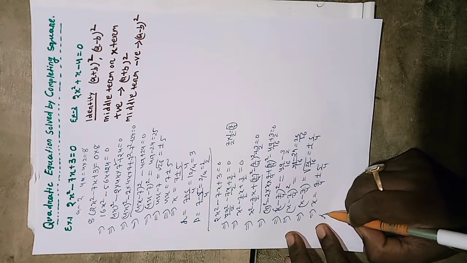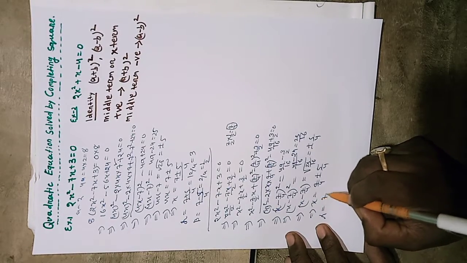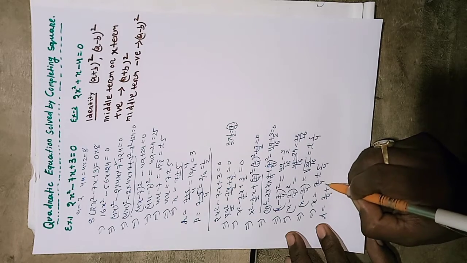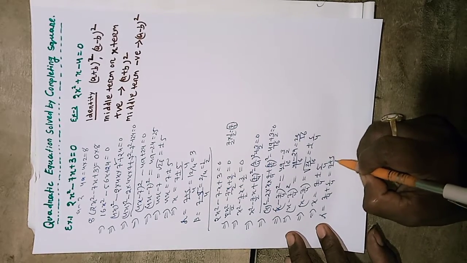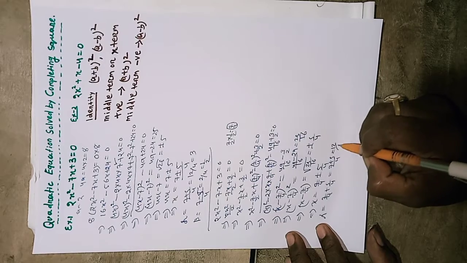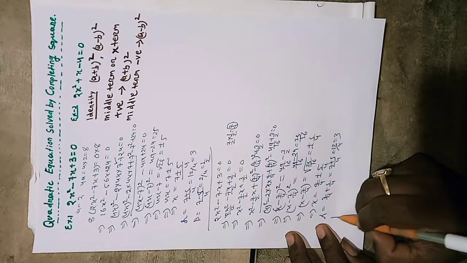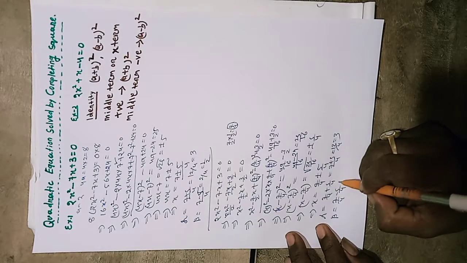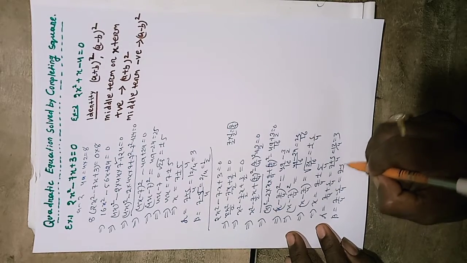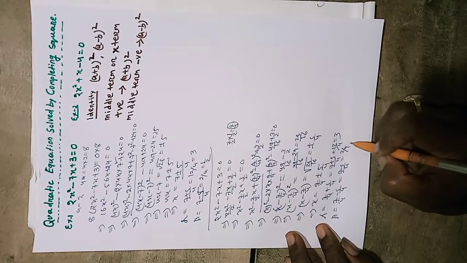First value, suppose alpha, equals 7 by 4 plus 5 by 4, 7 plus 5 by 4 equals 12 by 4, which is 3. Second value beta, 7 by 4 minus 5 by 4, equals 7 minus 5 by 4, 2 by 4, equal to 1 by 2.